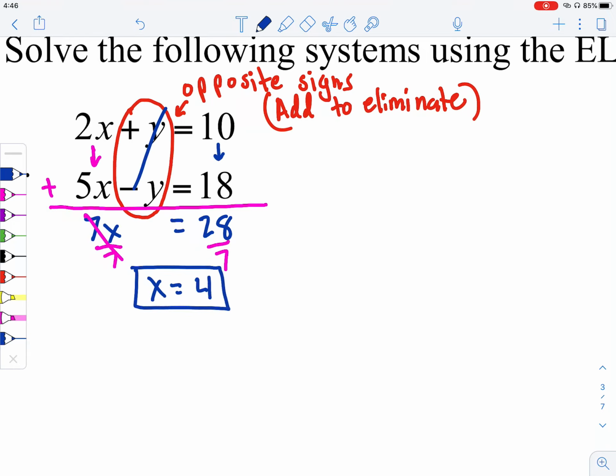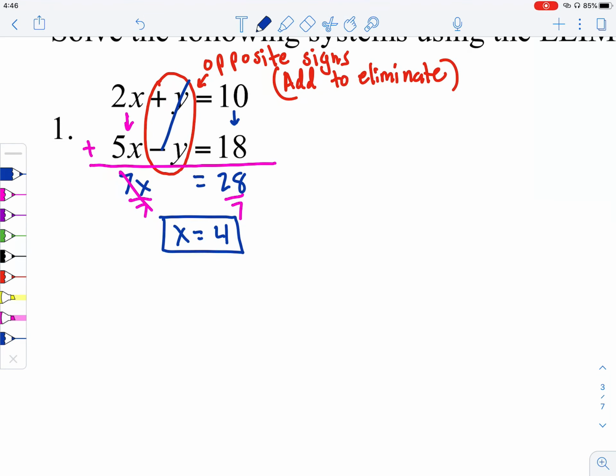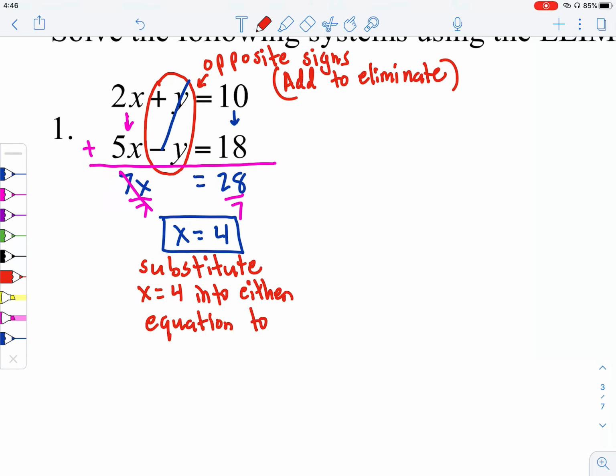Right? And then once we know one of the variables, we're going to use that to find the other variable, right? So we're going to substitute into either equation to solve for y.